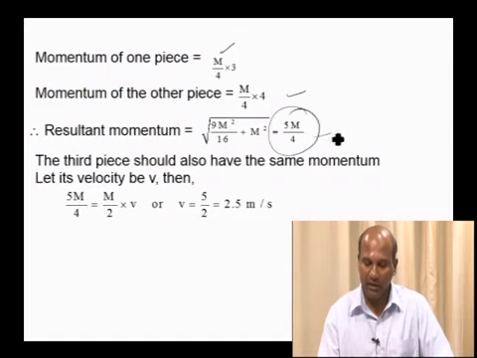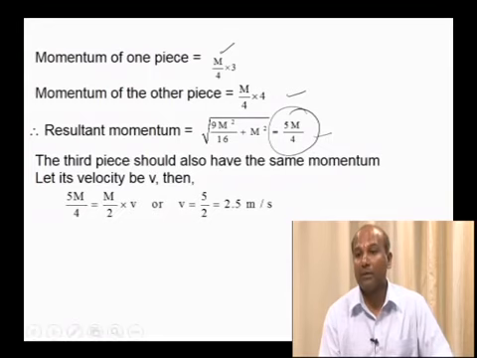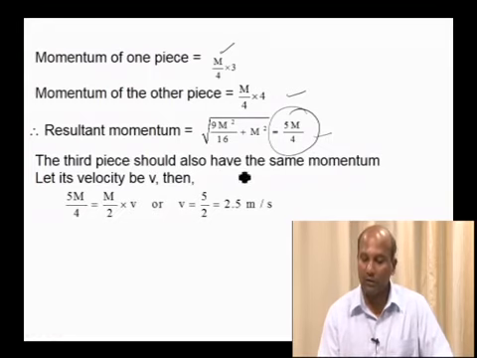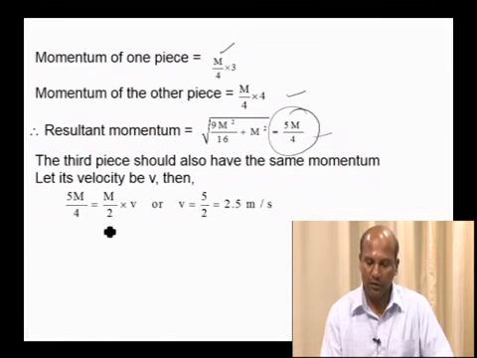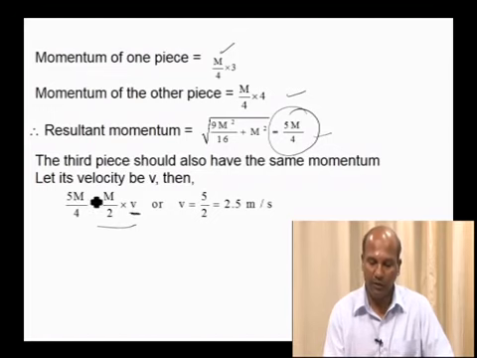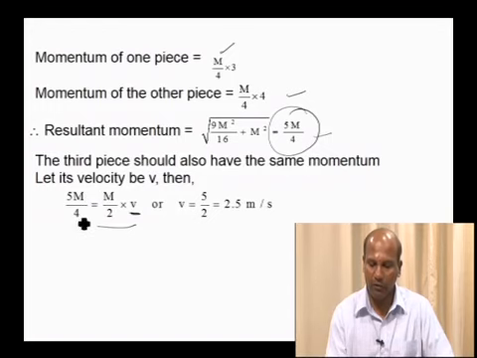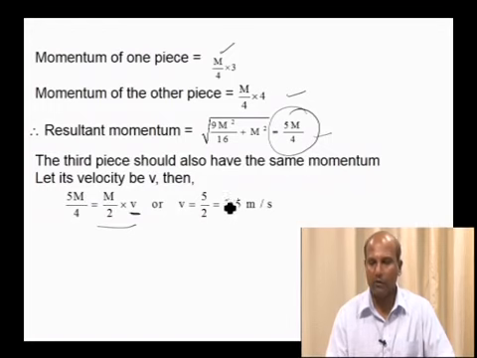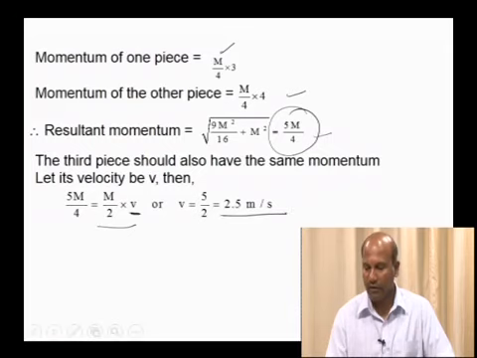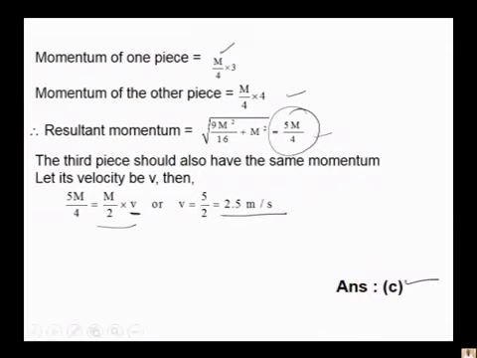With the same momentum, the other piece will also be flying. Why? Because momentum is conserved. The third piece should also have the same momentum. Let its velocity be v. So we are equating this. When you equate this, you will be able to find it out. This becomes 2 into 5 into m divided by 4. 2 ones are 2, 2 twos are 4. So it is 5 by 2. So 5 by 2 is 2.5, and therefore option C is the correct option there.